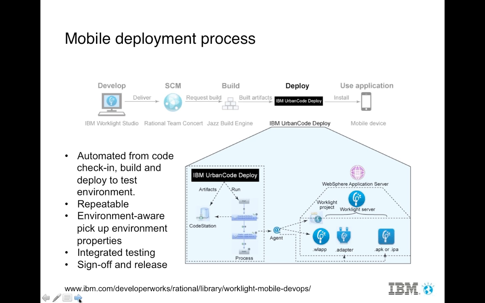And again, Urban Code Deploy is environment aware. We'll be able to pick up our environment-specific security database settings and so on before we're able to deploy our artifacts. And then we'll be able to integrate our testing as part of that using some of the tools I referred to earlier. And once we've signed off that code, we can ultimately promote it through the lifecycle to release into the public domain as well.